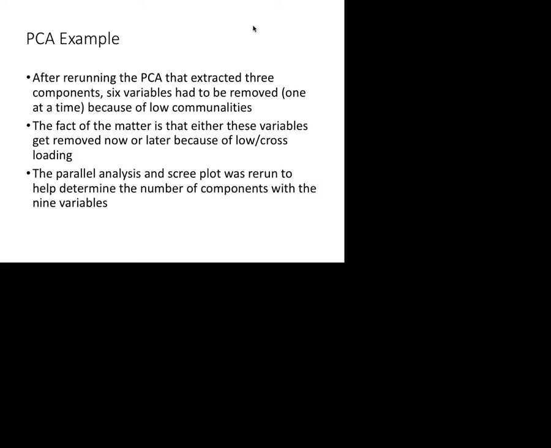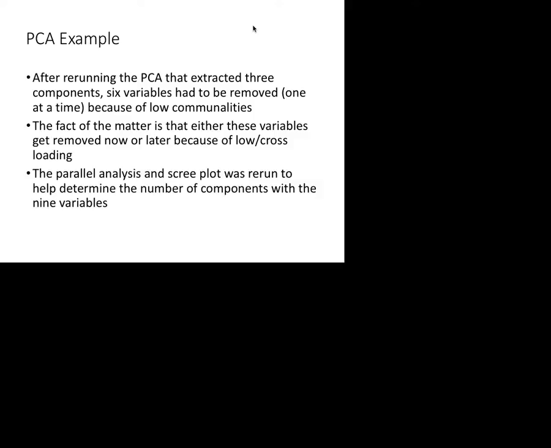Made that change. So for the narrative of my analysis: after rerunning the principal component analysis that extracted 3 components, 6 variables had to be removed one at a time because of low communalities. The fact of the matter is either I get rid of these now or I get rid of them later. The parallel analysis and the scree plot were rerun to help determine the number of components with 9 variables.